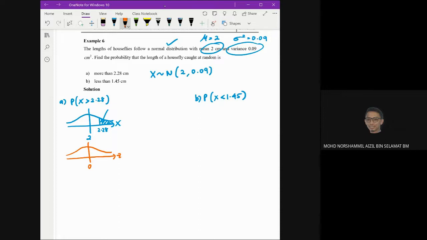So for 2.28, you need to get the corresponding value for Z first. To get Z, the formula is 2.28 minus mu 2, over sigma, which is 0.09. So what does Z come to, guys?